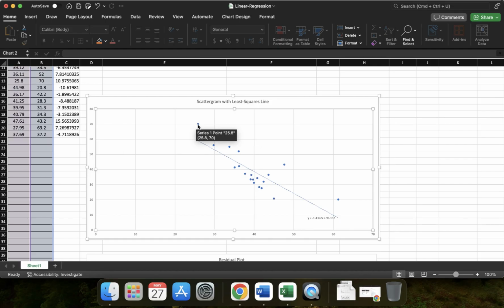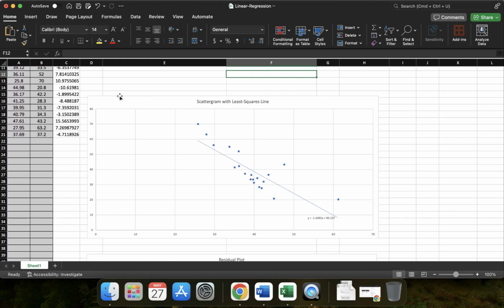Oh, it doesn't show me the point. There it is. 25.8 is the lowest. So 21 is over here. That would be extrapolating, which hopefully we remember extrapolation is not a good thing. Not a very far extrapolation, which is all right. But still it is extrapolation, which you do want to avoid.